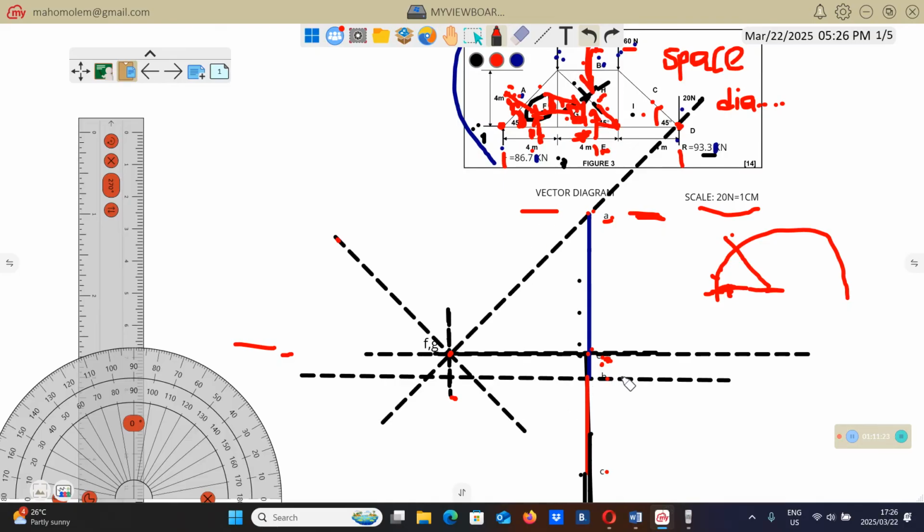So this is B. That's why we've drawn the horizontal line from B. Then from G to H, there is a line moving at an angle of 45. That's why from G, this is G, we've drawn a line at an angle of 45. So where those two lines meet will give us H. So this point here is going to be H.